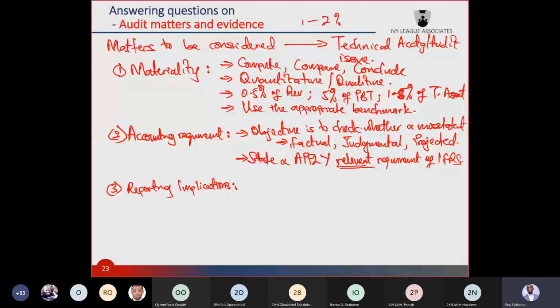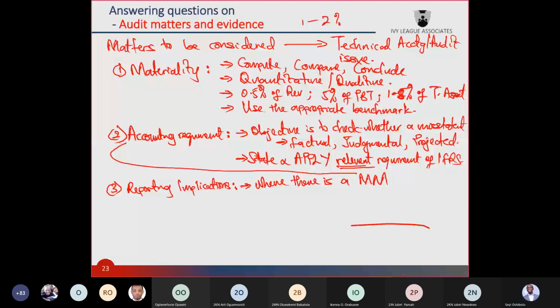Number 1, this is only relevant where there is a material misstatement which you would have established from this and this, okay? Or scope limitation, which the scenario may tell you. Usually it's the first one, material misstatement.